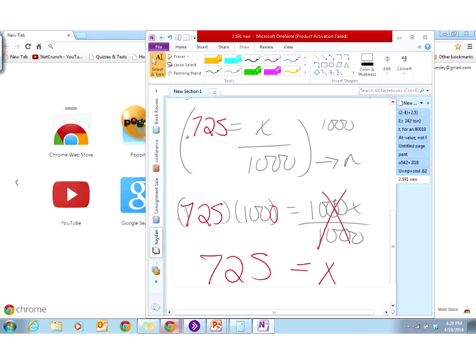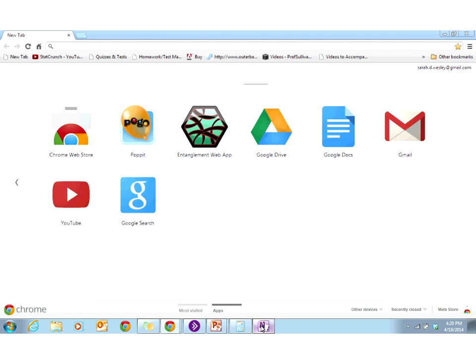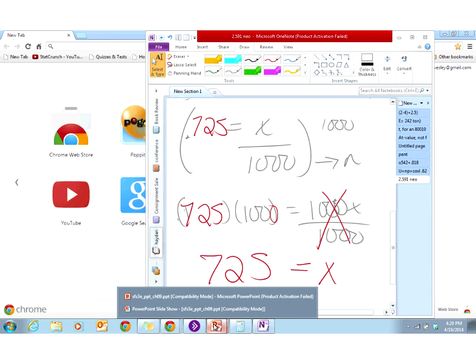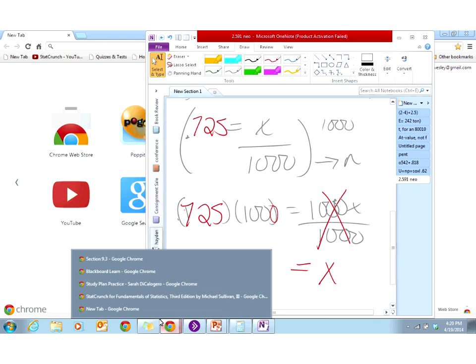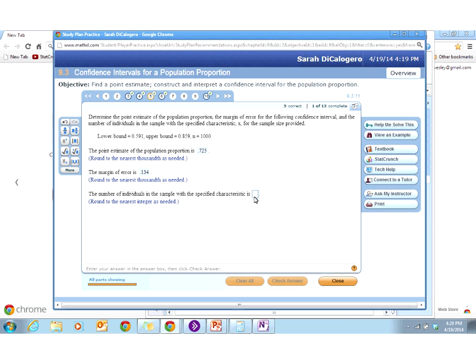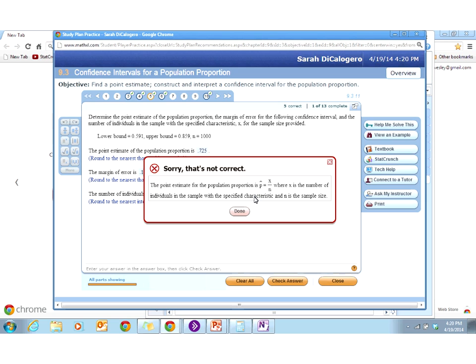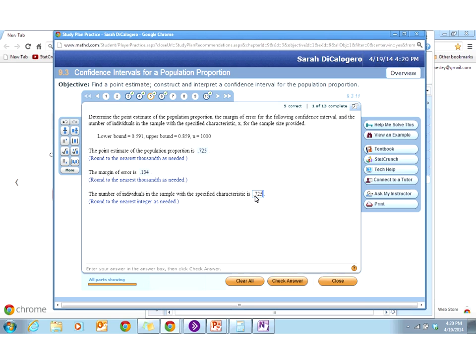So it's going to be x. And it might help if I didn't put the decimal place in. Let's try that one more time. Third time is the charm.